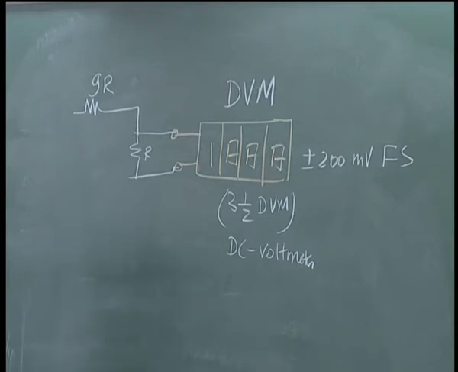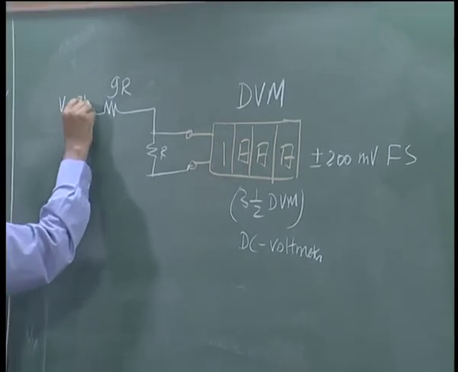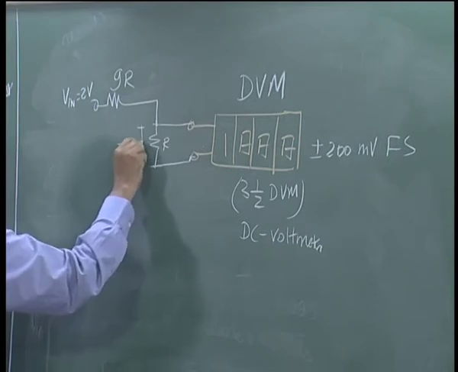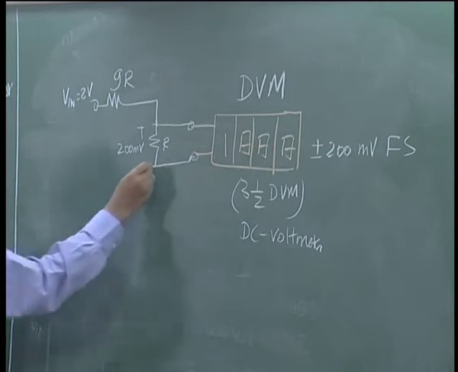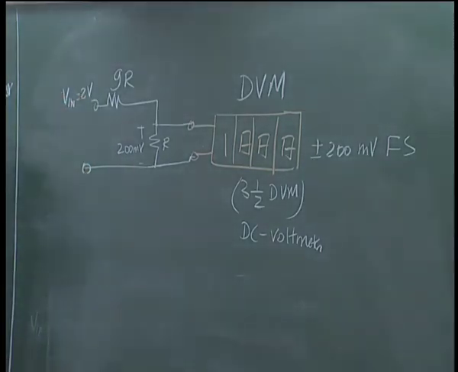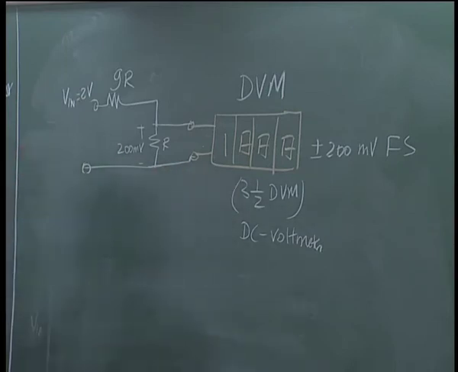If I give Vin equal to 2 volts, I will get 200 millivolts here, which my meter will read as 200 millivolts. Now, if I give 1 volt, I will get 100 millivolts, and this will read 100.